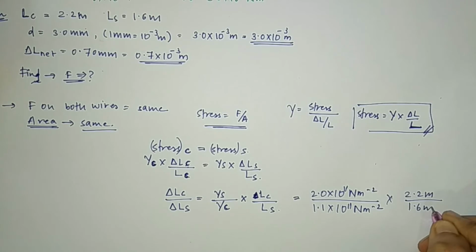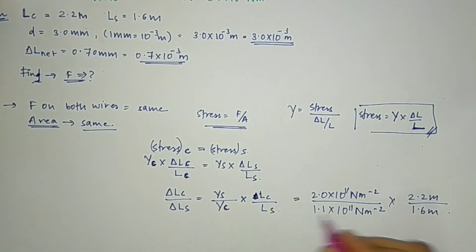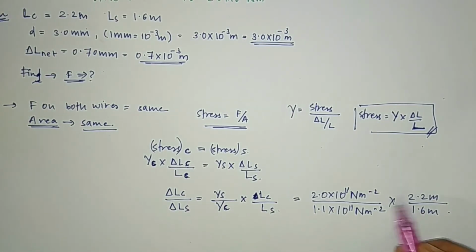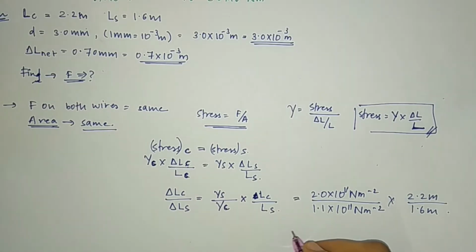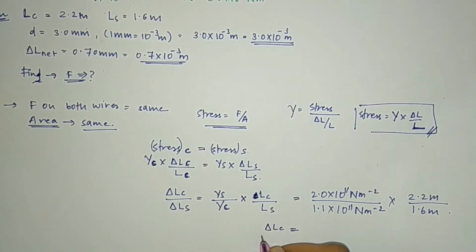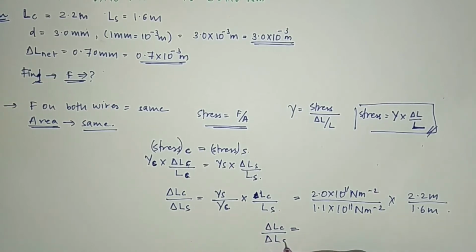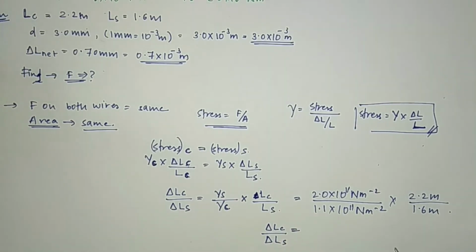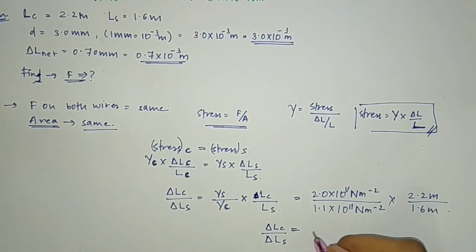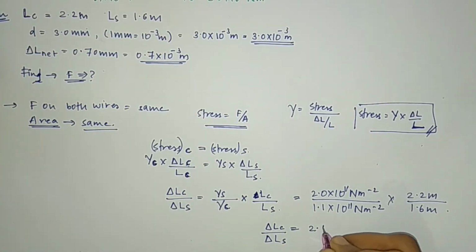It will be a unitless quantity because each unit will cancel off. So delta LC upon delta LS, after doing the calculation, I get as 2.5.